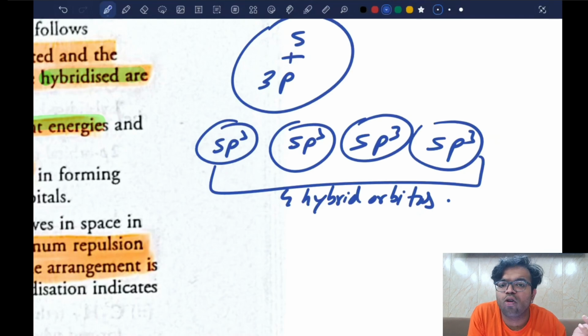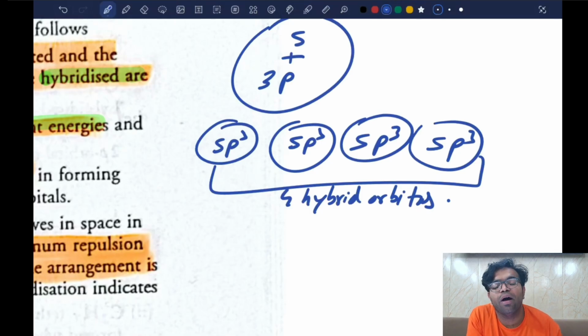The s orbital has a lower energy level and the p orbital has a higher energy level. So some atoms would combine with a lower energy orbital, some would combine with a higher energy orbital. But in the case of hybridization, every single atom is going to combine with the same type and same energy of orbital.